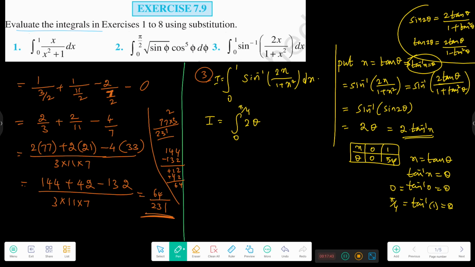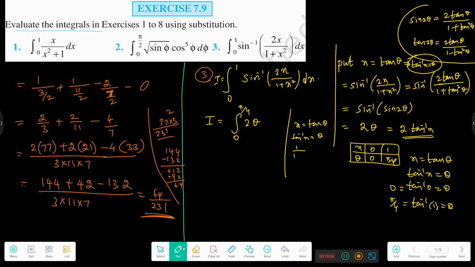dx we didn't write. So you have to differentiate. So x is equal to tan theta. dx we didn't know. So when I differentiate, I am getting 1 plus x square. After taking inverse, tan inverse x is equal to theta.